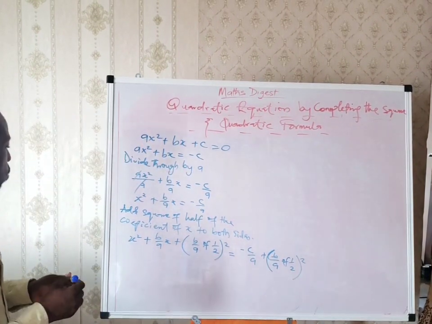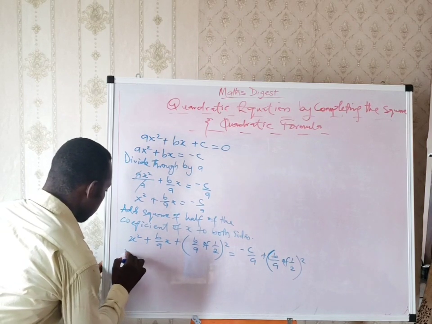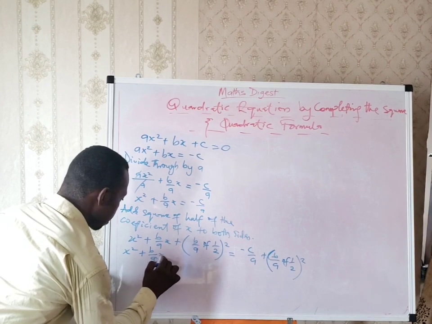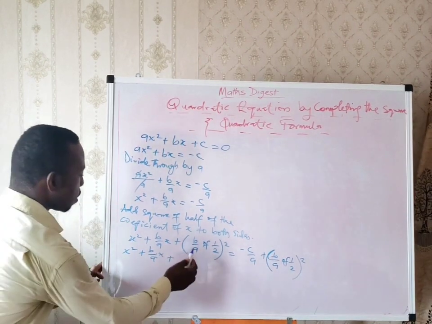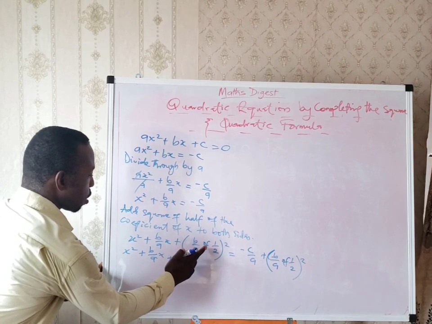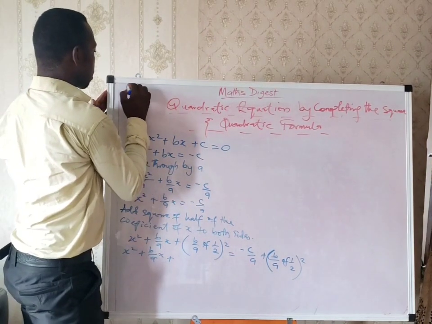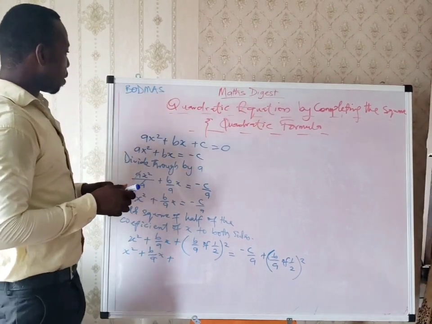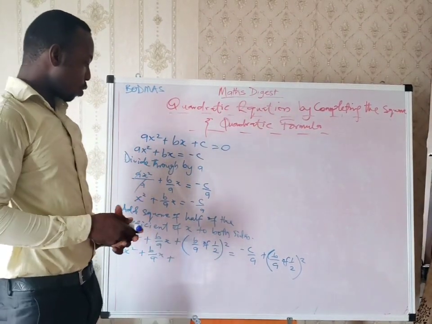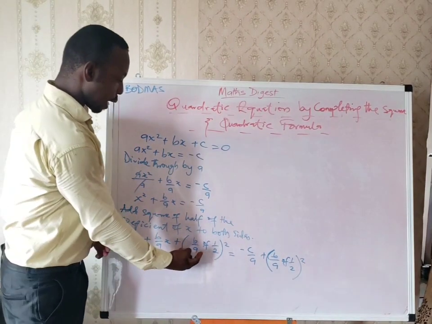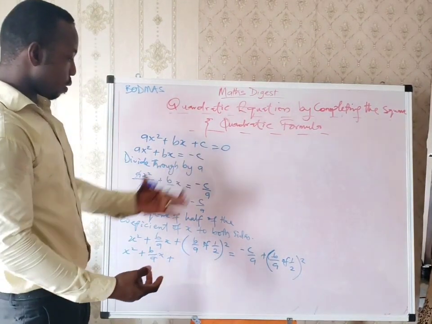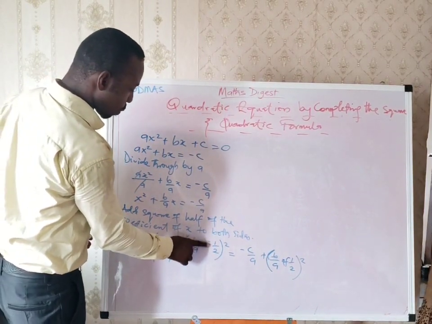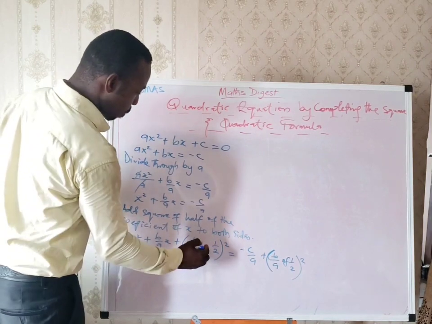Now we have x squared plus b over a x plus. Remember that when you have a bracket like this next to an expression, it simply means times. Because of the space on the board, I wouldn't like to write it out again, so let me quickly replace it with a multiplication sign.